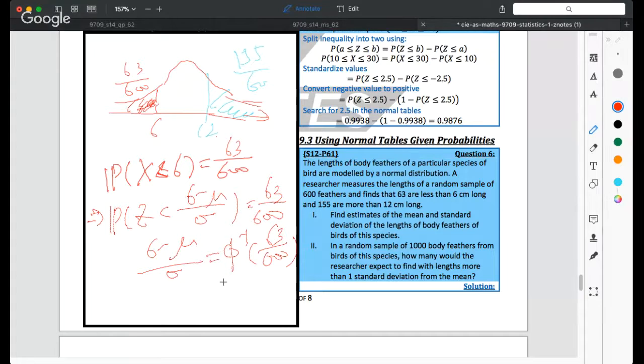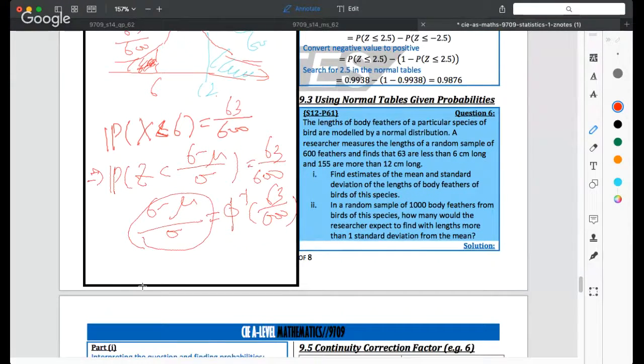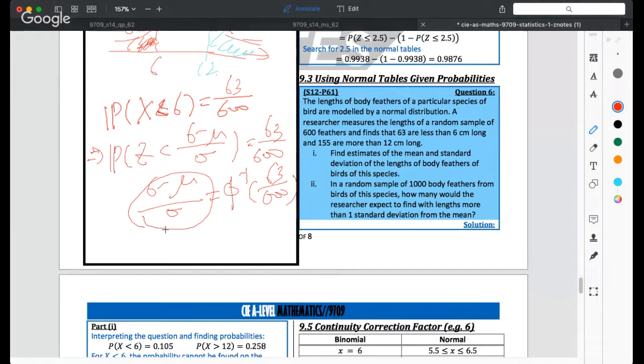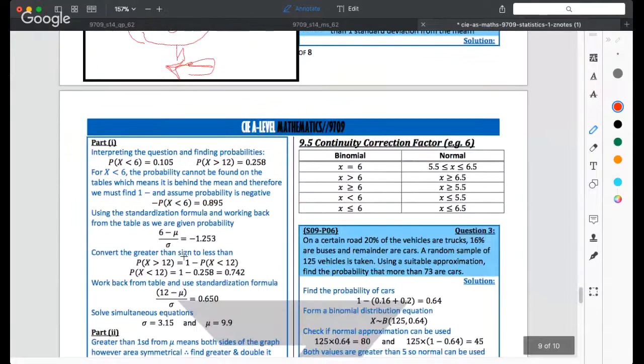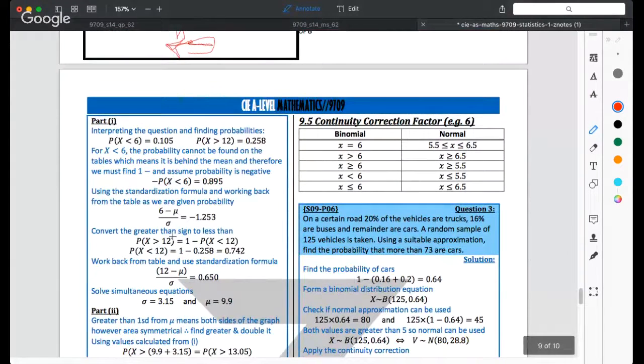We look at that probability value and see which value it corresponds to. This gives us our first equation. In this case, we find that (6 minus mu) over sigma is minus 1.253.